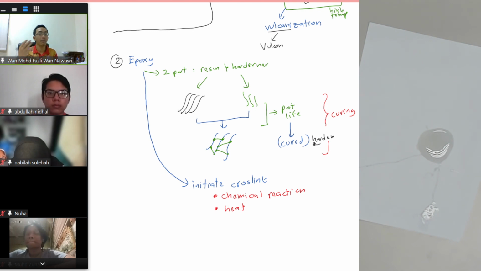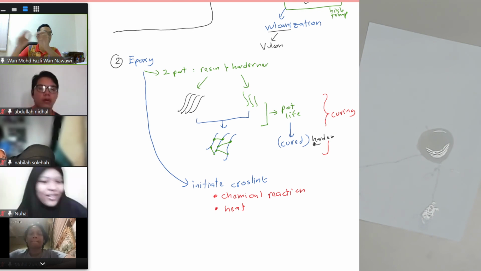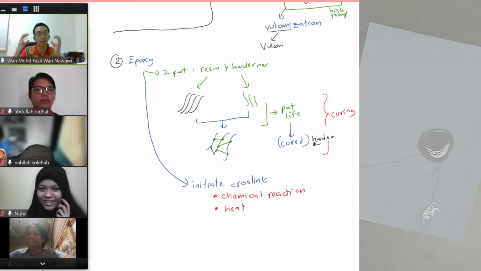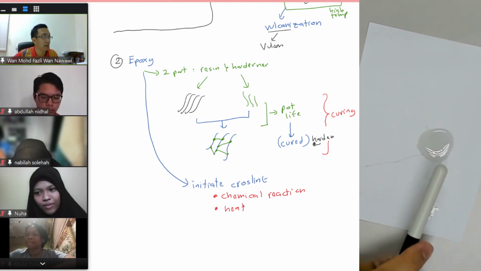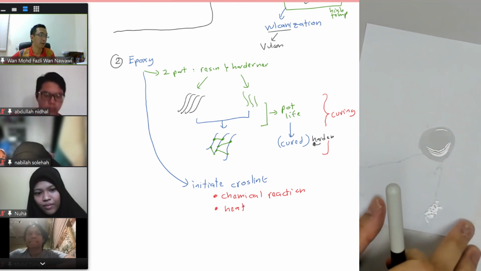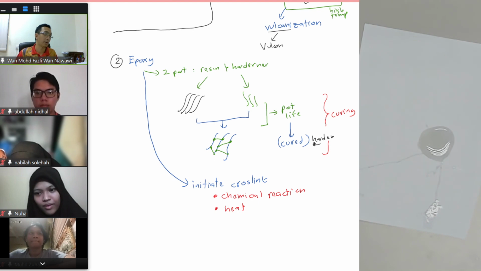So that is a type of epoxy or resin where you don't need to mix different chemicals together. You just put it into high temperature, then it will set. So the second method to initiate cross-link is by heating. And even though it's a chemical one, if I put it into an oven, it will set much faster. It will increase the rate of reaction.